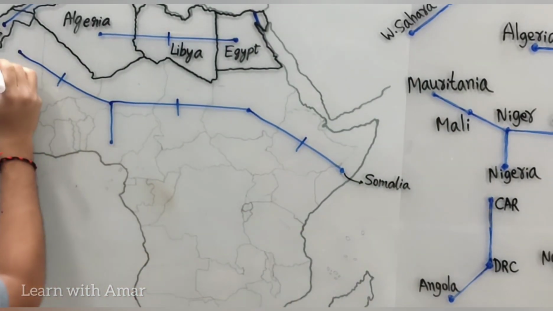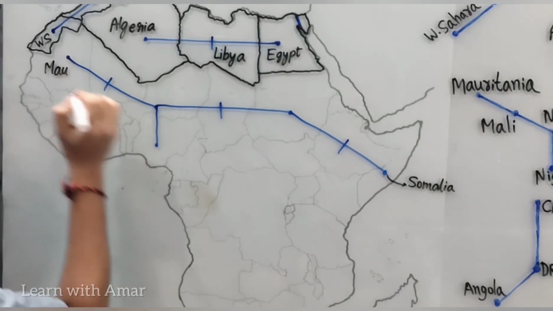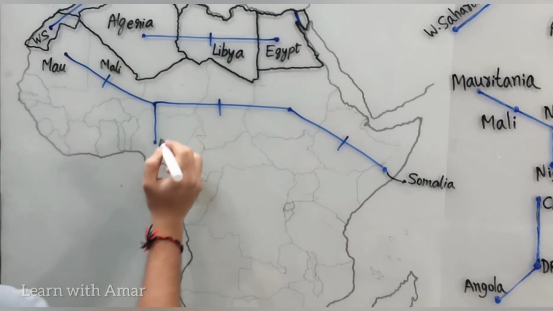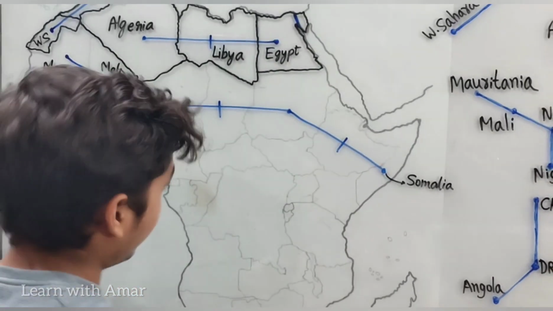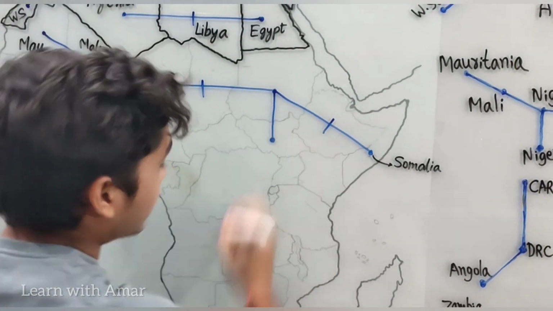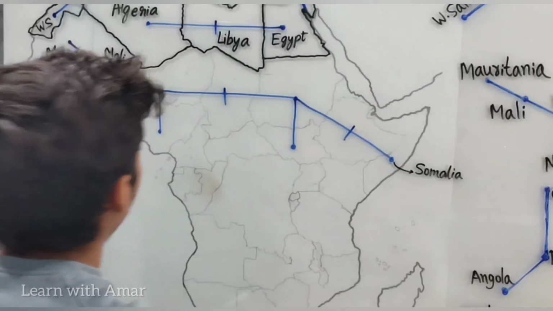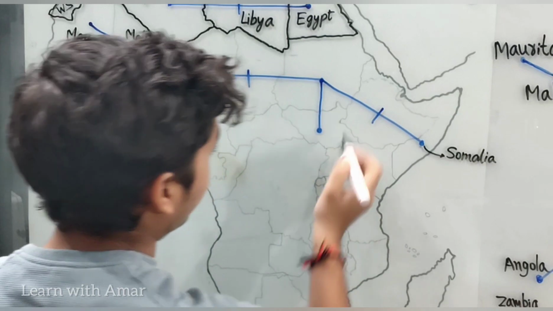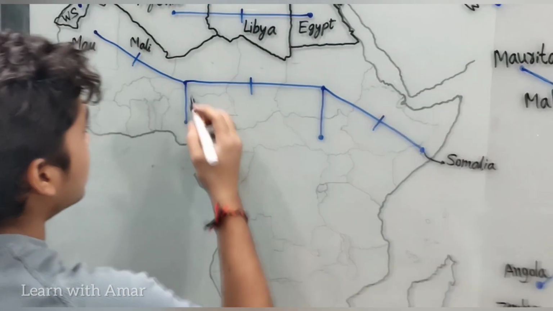So we have Mauritania, Mali. Okay, I actually have missed this. There's another country here. Yep. In fact, this is the newest country, latest country of Africa, South Sudan.